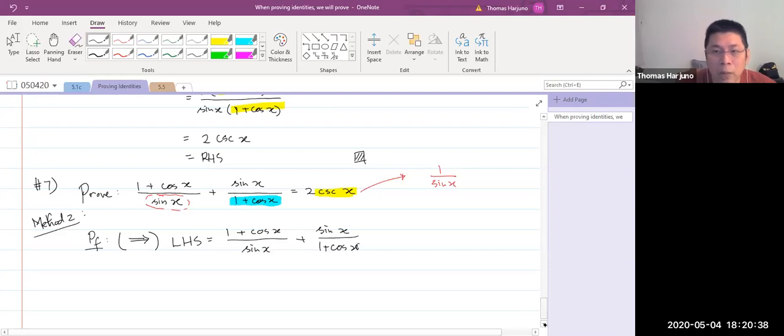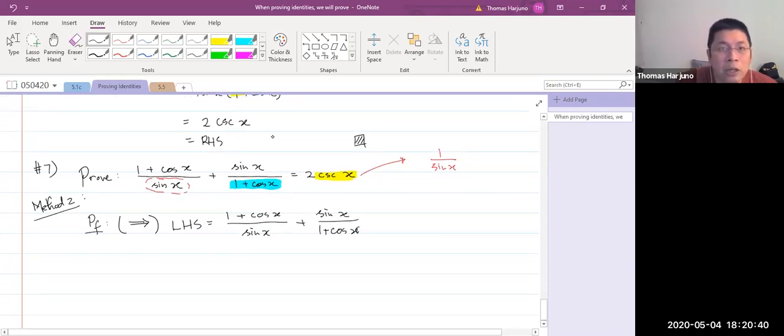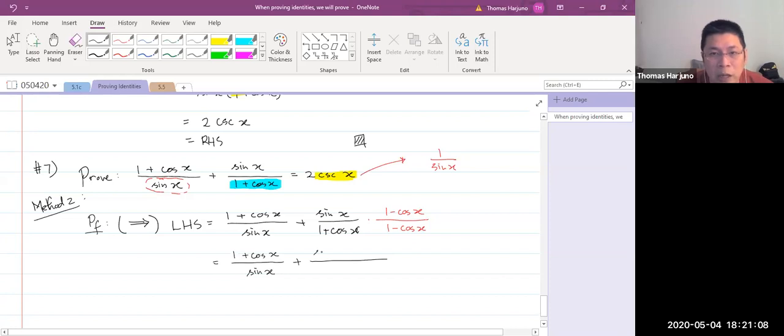Now, what I meant is I will only deal with the second term here, and I will multiply by the conjugate, 1 minus cosine x over 1 minus cosine x. Only the second term, so the first term stays the same, 1 plus cosine x over sine x, plus the second term will be sine x times 1 minus cosine x.